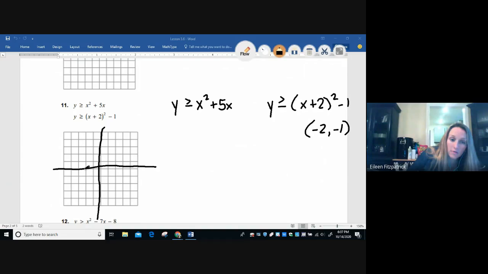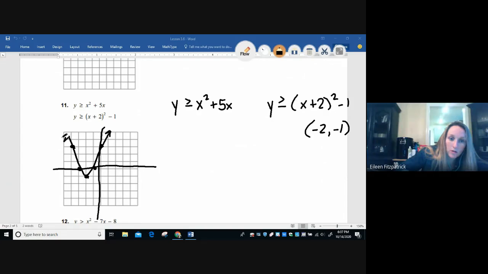So -2, -1, and it's out 1, up 1, out 2, up 4. And is it a dashed or a solid parabola? It would be a solid parabola.